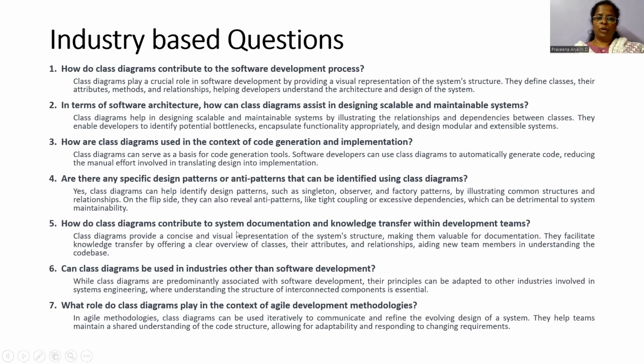How do class diagrams contribute to system documentation and knowledge transfer within the development team? Class diagrams provide a concise and visual representation of a system structure, making them valuable for documentation. They facilitate knowledge transfer by offering a clear overview of classes and their attributes.